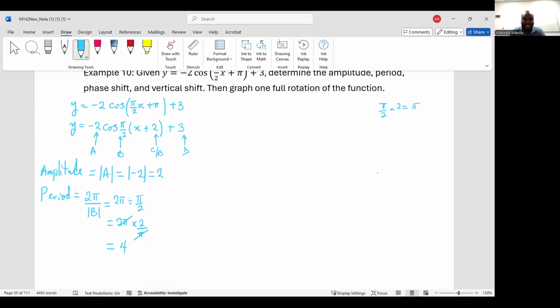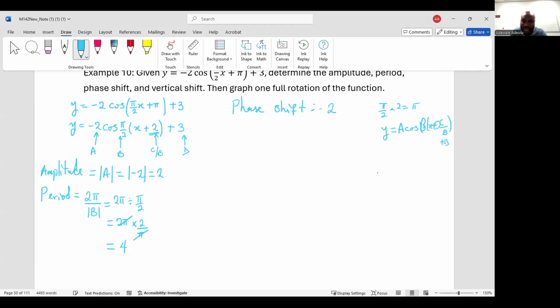Phase shift: we say our phase shift is 2. Now, look at this, plus 2. Remember the general form: y equals A cosine of B times x minus C over B, plus D. It should be minus, but now we have plus.